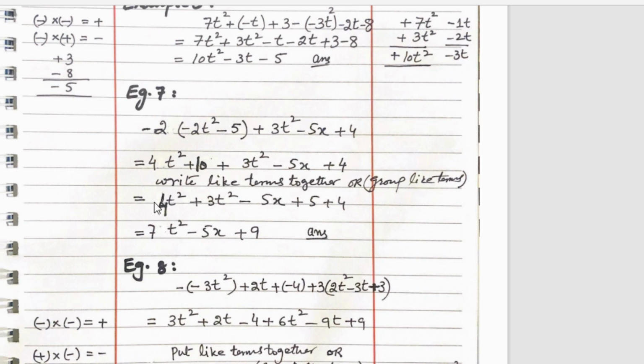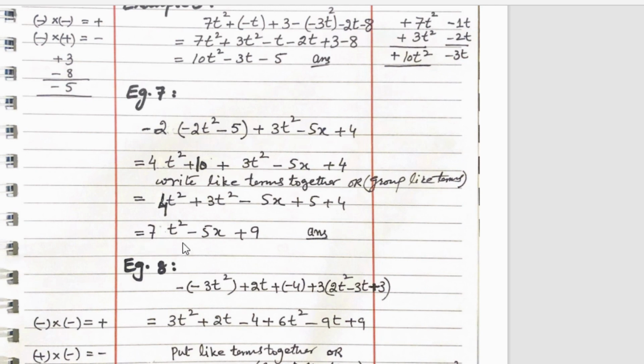Very simple. Plus 4t square plus 3t square will be added up like this with plus signs, and you will get 7t square. With the term which is coming at the first position in an expression, we don't write the plus sign, we just write the negative sign. We mention the negative sign with it, we don't write the plus sign. If there is no sign, it is understood the term has a positive sign.